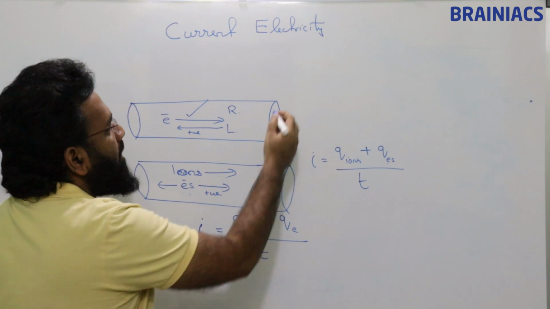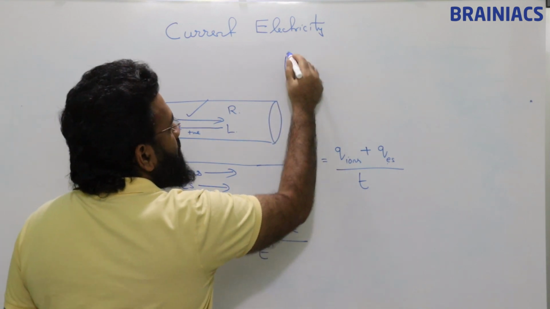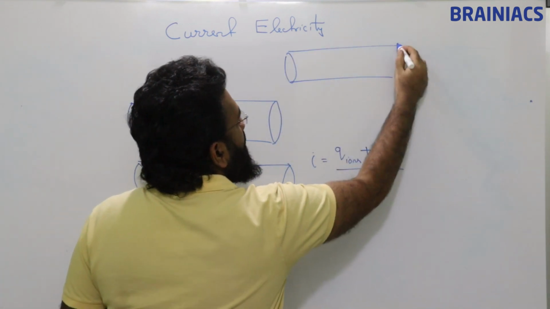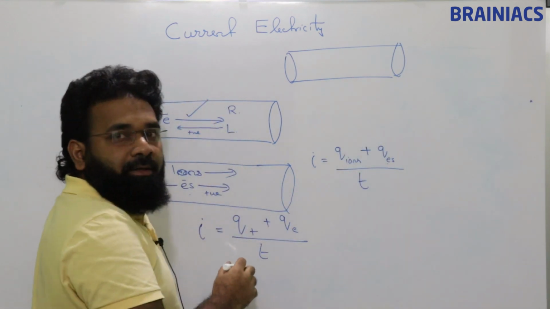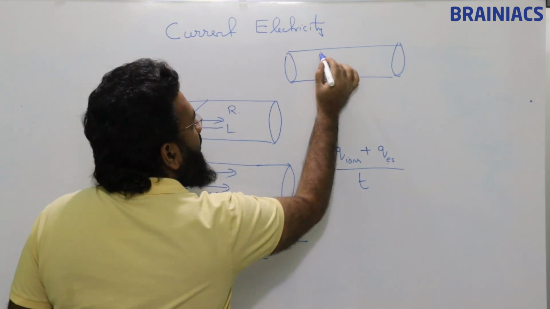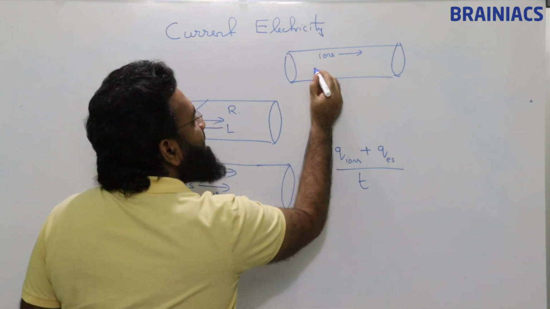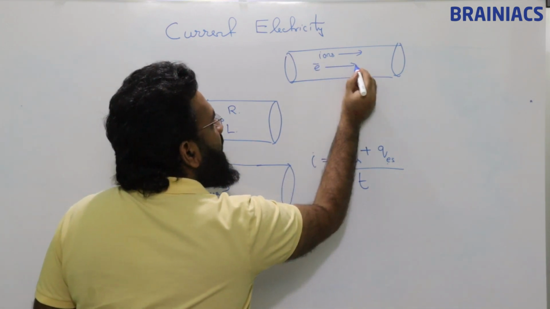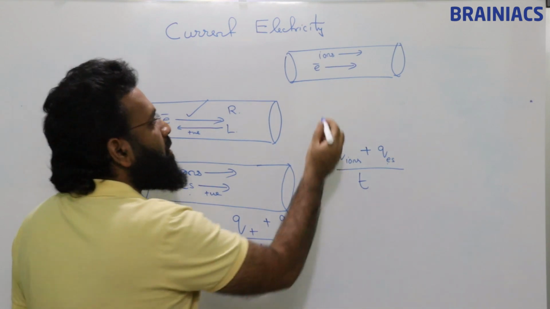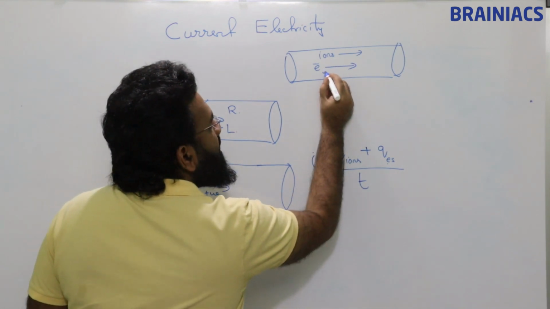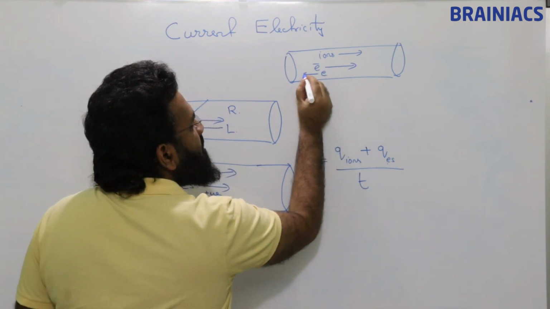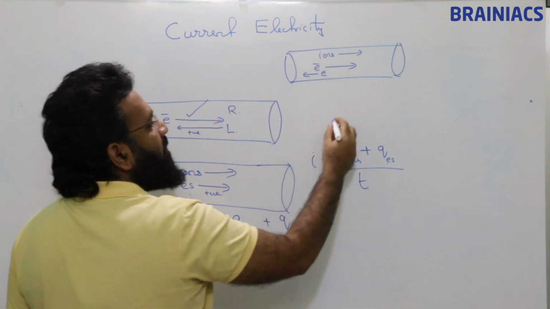And suppose this is a conductor, ions are moving in the right direction, some electrons are also moving in the rightward direction. So obviously the positive charges will be moving in the opposite direction of ions.